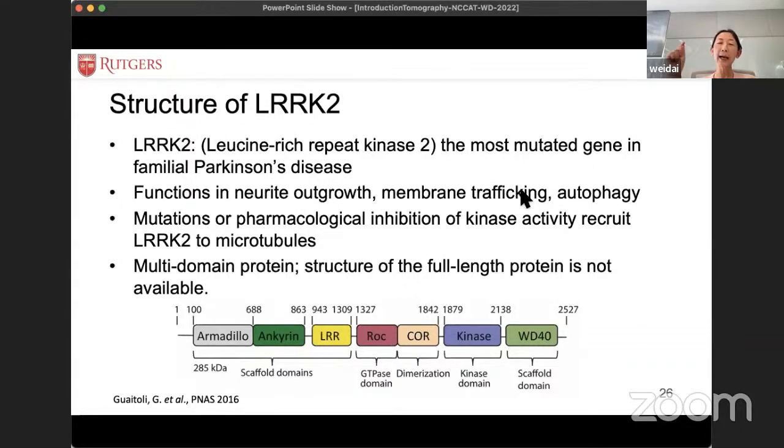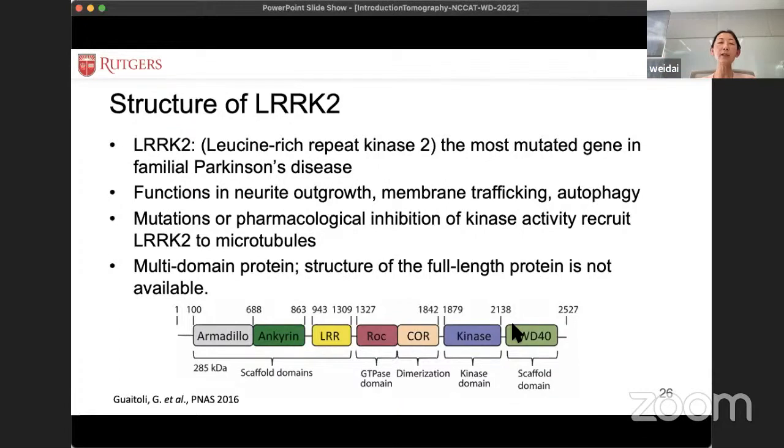And it has binding affinity to microtubules. And certain mutations and treatment with drugs that inhibit the kinase activity can actually increase the binding affinity of LRRK2 to microtubules, basically recruiting them to microtubule association.